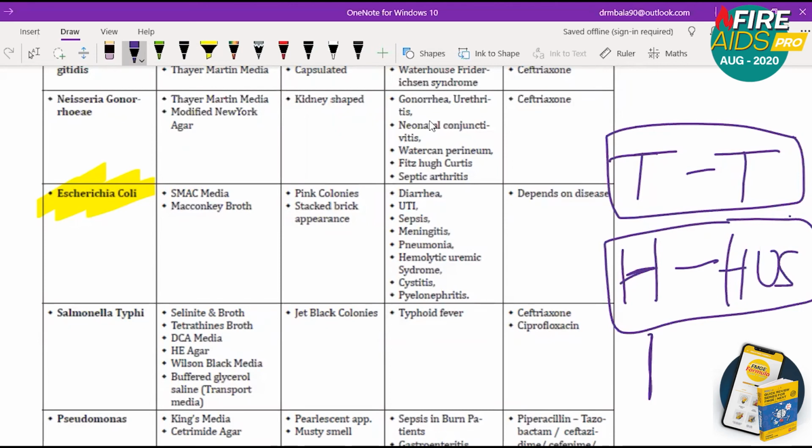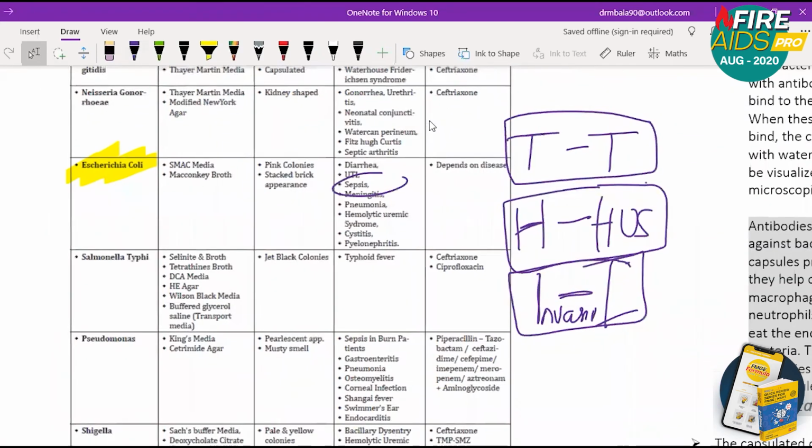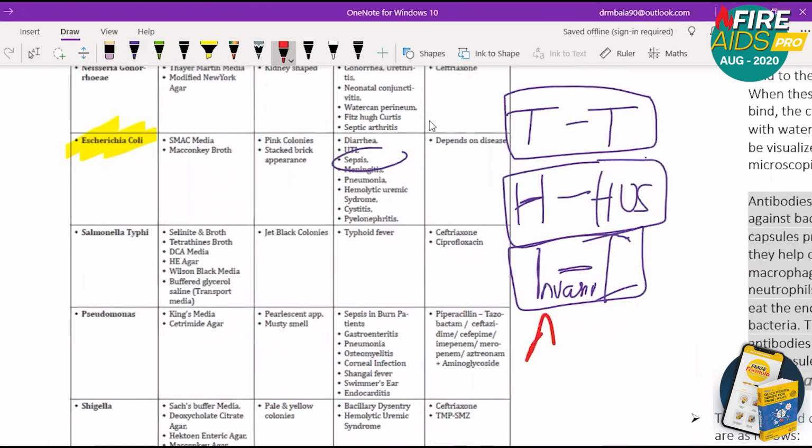Infective type, that is going to cause infection or inflammation. This is invasive. Invasive type is going to cause either infection or inflammation. So you can see the infections here: sepsis, meningitis, pneumonia. Aggregative type is going to cause diarrhea.